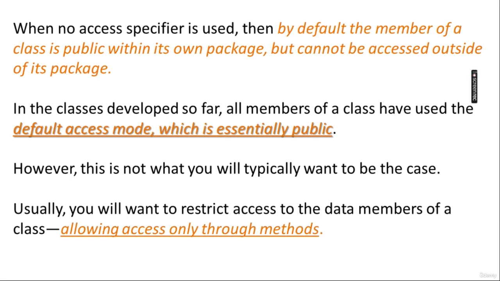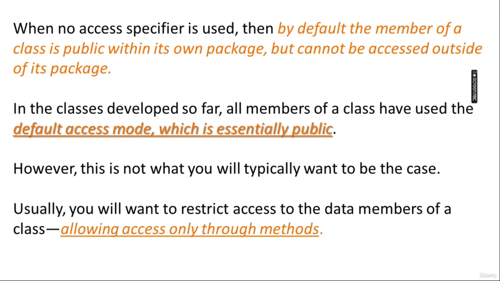In the classes we have developed so far, all members of the class have used the default access mode, that is by default public. This is not what we will typically want. Every time you may not be dependent on only the default access modifier. You may want it to be private or public or protected.